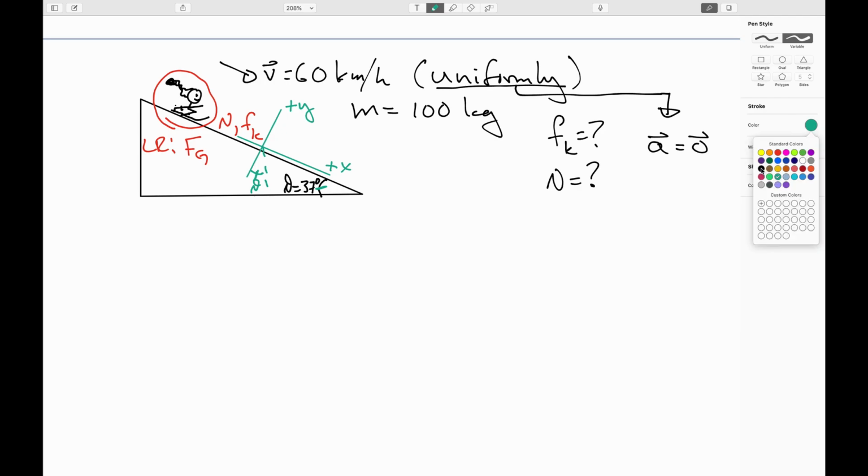Okay, well, let's go ahead and draw a free body diagram. So again, here we look and we see, oh, we've got the normal force, and that will be perpendicular to the surface. So it'll be along this y-axis here.